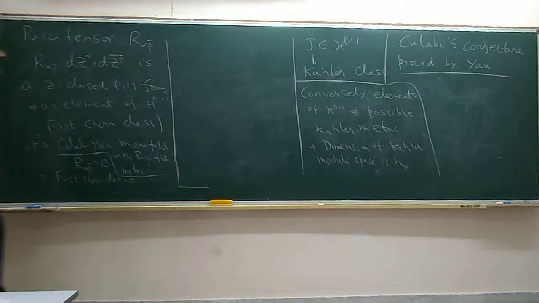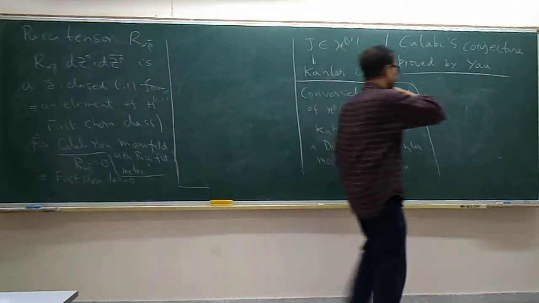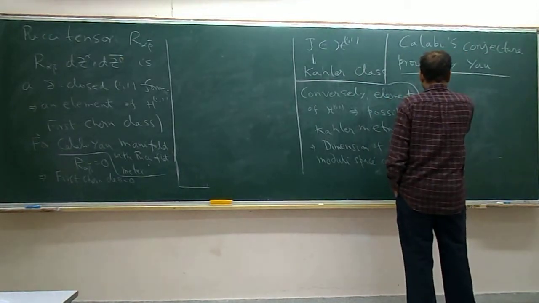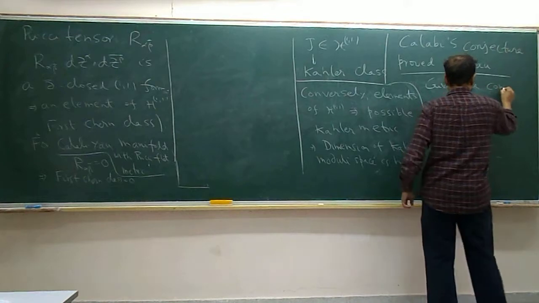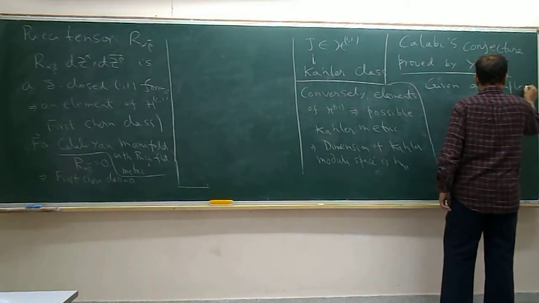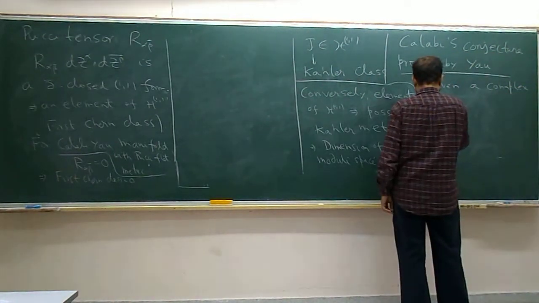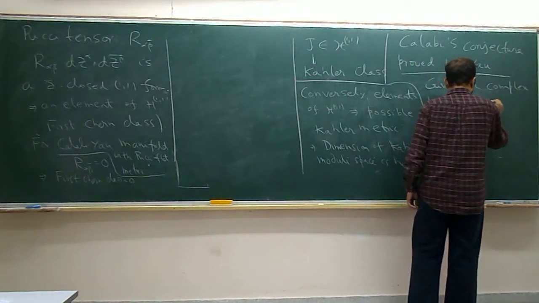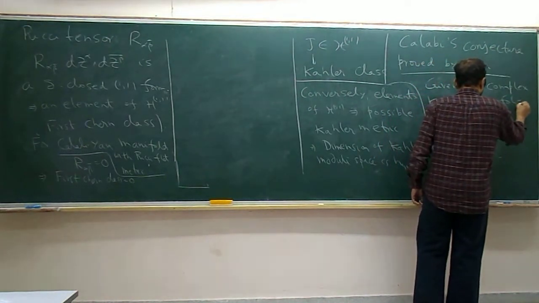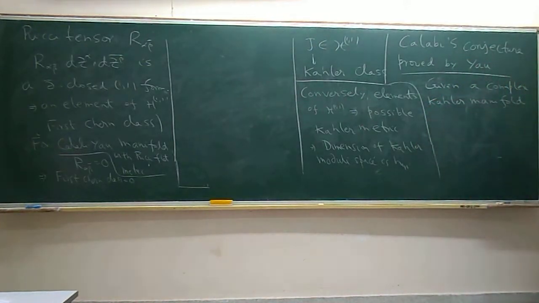Okay, now this theorem tells us that given a complex Kahler manifold, which means that suppose you have a complex manifold and also the Kahler class of the metric is given.